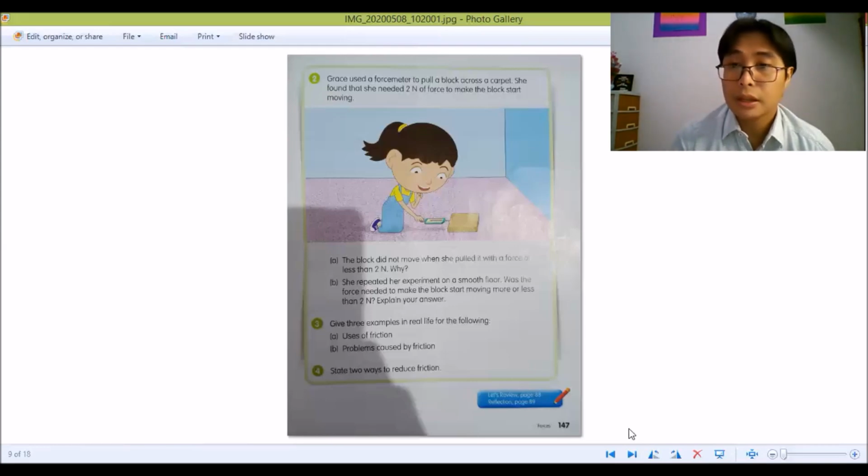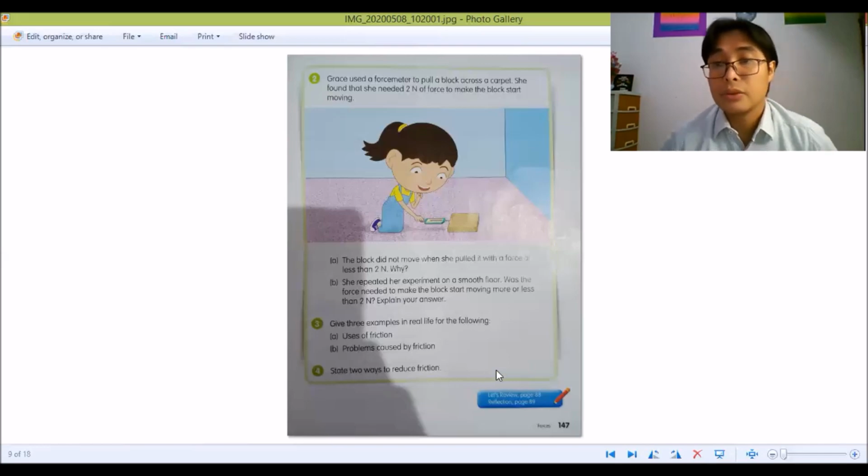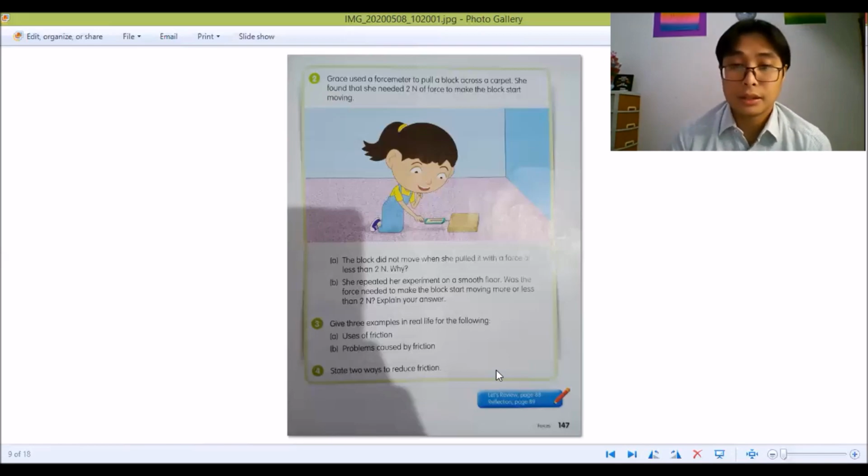And also it can cause unwanted heat like sparks. State 2 ways to reduce friction. So we can use lubricants or we can use rollers or wheels.